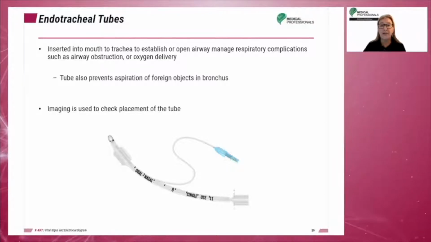When inserted in the trachea, a cuff is inflated to keep the airway open. The tube also prevents aspiration of foreign objects in the bronchus. A chest X-ray is often used to check placement of the endotracheal tube.